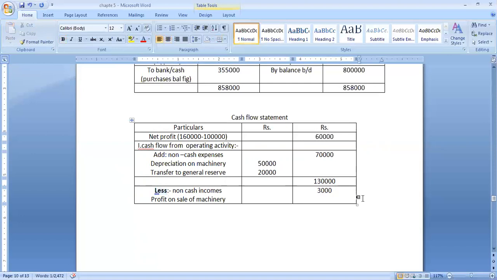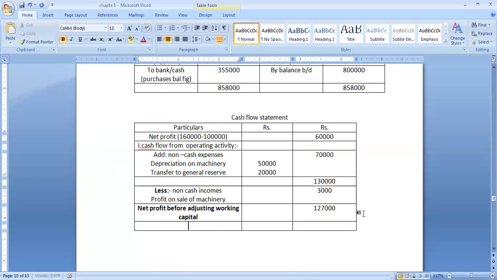So now reduce the value, which gives you 1,27,000. So what is this called as? This is the net profit before adjusting working capital.